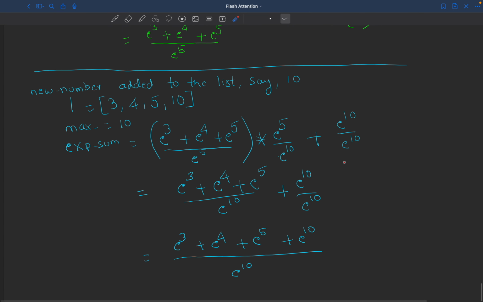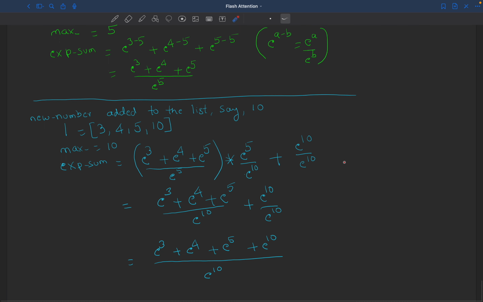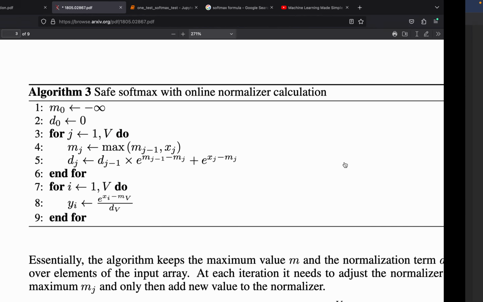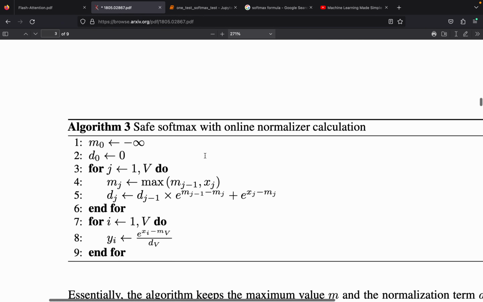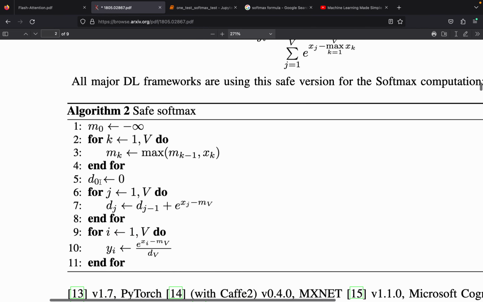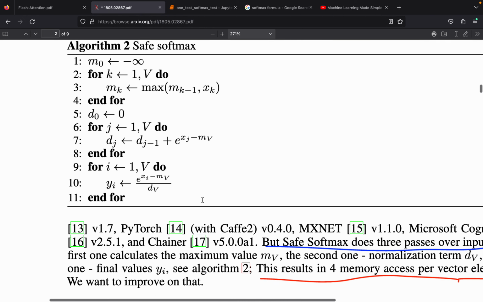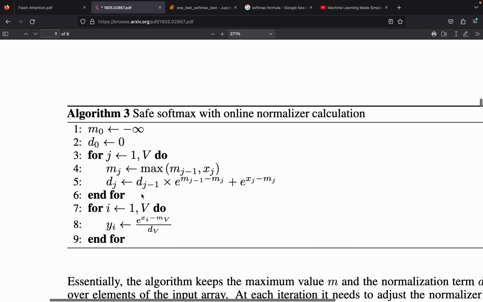By doing this, we can avoid going through the elements of an input array twice. That's what this NVIDIA paper has done. Instead of going through one more for loop just to find the sum denominator, they are doing the same thing in a single for loop.